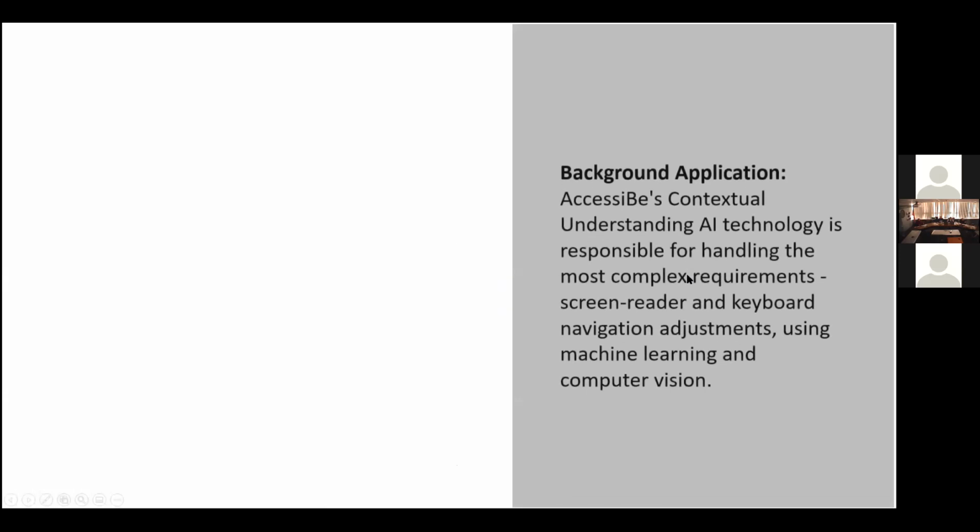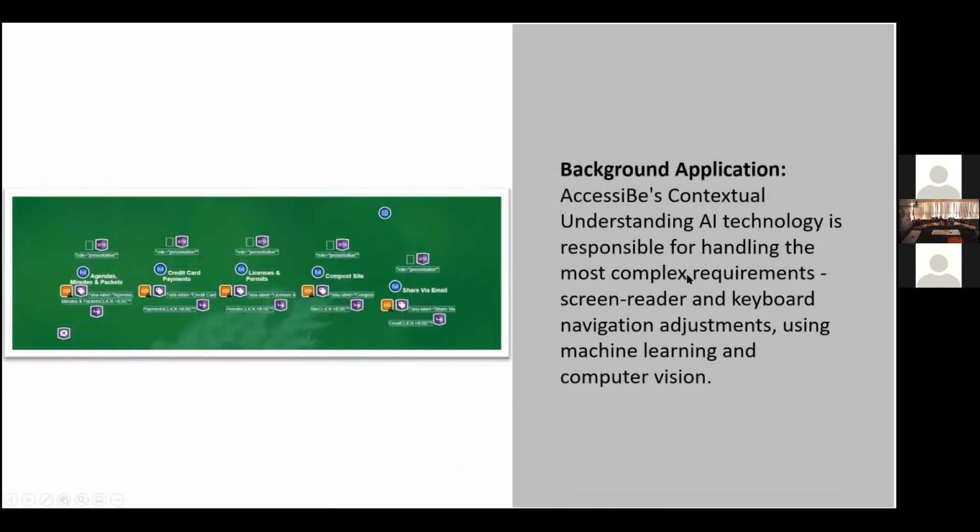The other thing that it has going on too is a background application. Part of being ADA compliant is to be able to go through the website using a keyboard with a screen reader and things of that nature. So a lot of it's putting different descriptions behind different elements of the site.